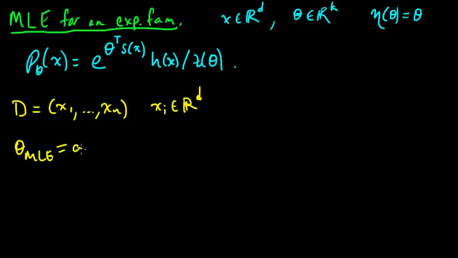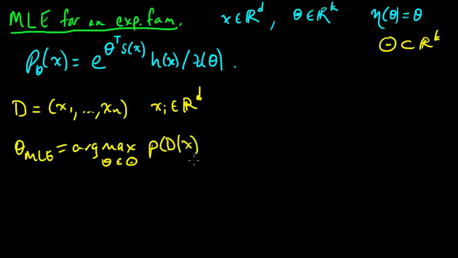What is that? Well, by definition, that's the argmax over thetas in that set, we have some set capital Theta, a subset of R^k, that these thetas live in, argmax of the probability of the data given that theta.